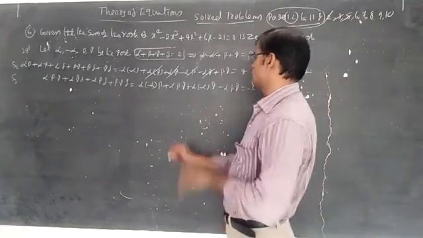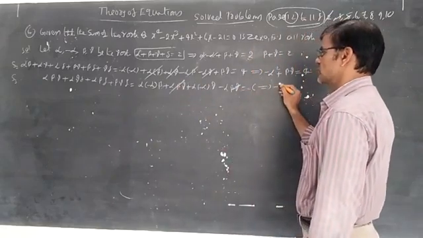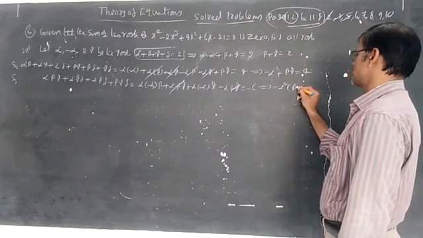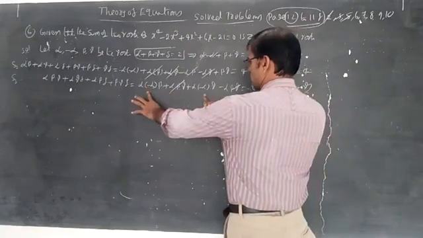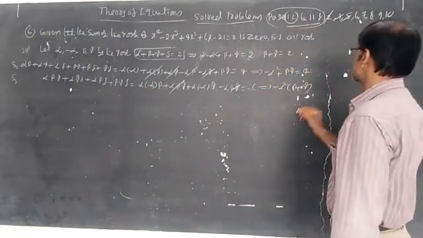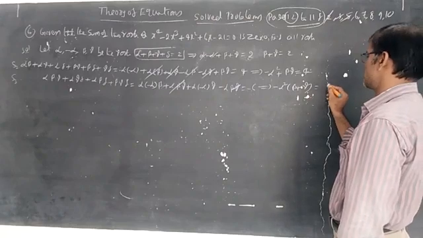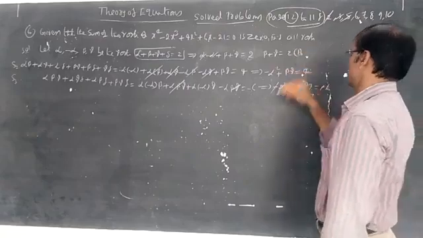Now minus alpha beta gamma get cancelled, that implies minus alpha square into beta plus gamma, taking minus alpha square common among these two values. Minus alpha square into beta plus gamma is minus 6. So minus minus get cancelled.